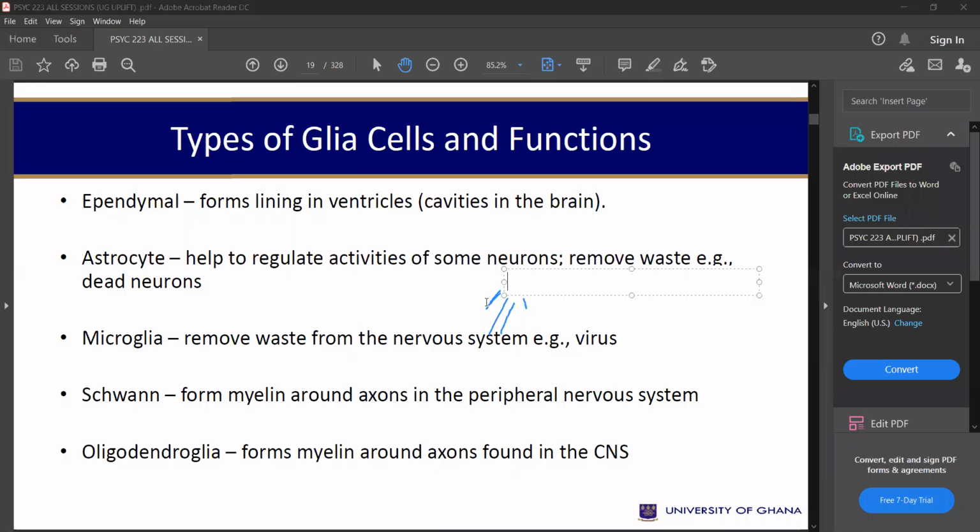Sometimes with the oligodendroglia in books, they write oligodendrocytes. It means the same thing.